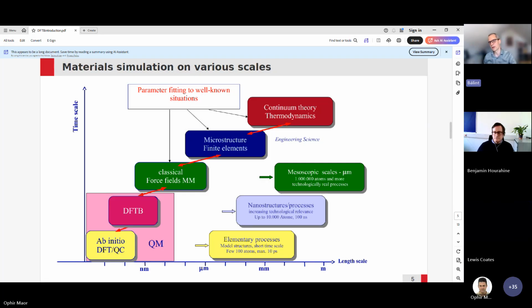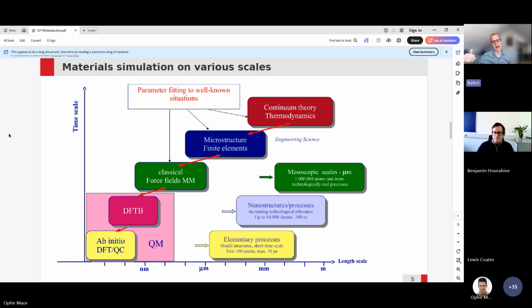In the lower left corner, you see the methods which are usually atomistic and very precise. You can track the properties of materials, or if you are talking about processes and reactions, you can track these reactions on the atomistic level using quantum mechanical methods. The problem with that, of course, is the resources it needs.